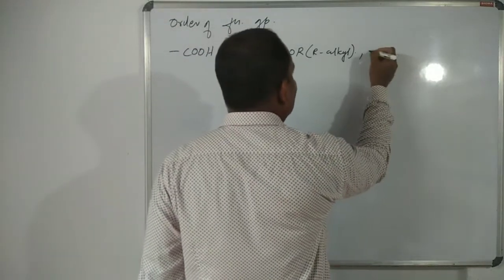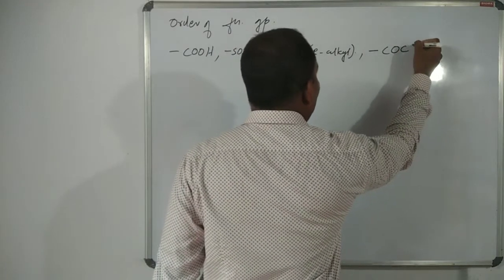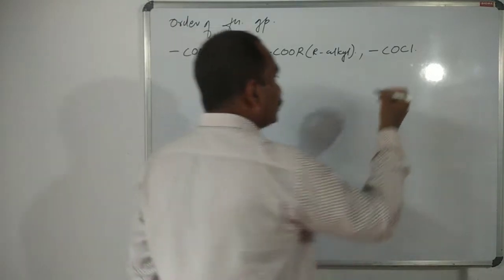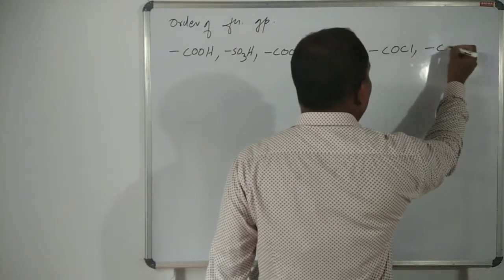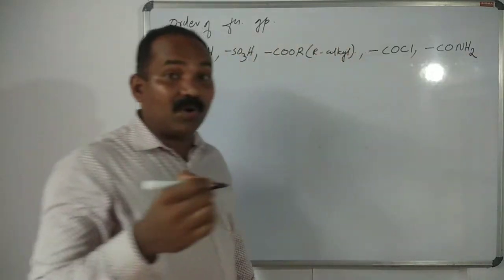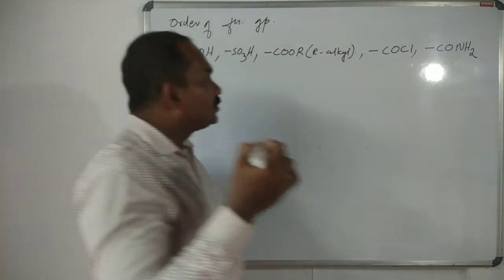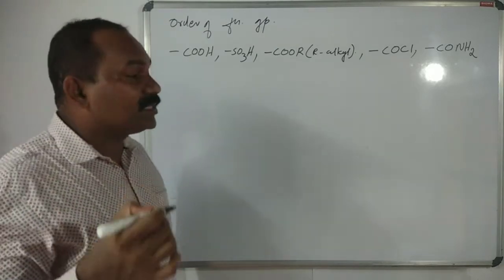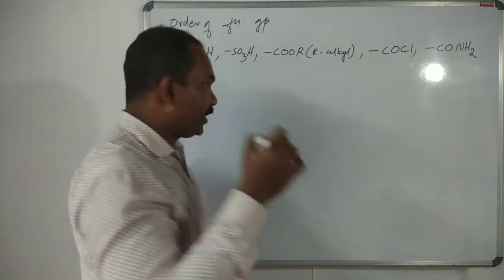The next priority is given to acid chloride, COCl. Then the next priority is given to acid amides, CONH2. Cl is acid chloride, and CONH2 is acid amide.